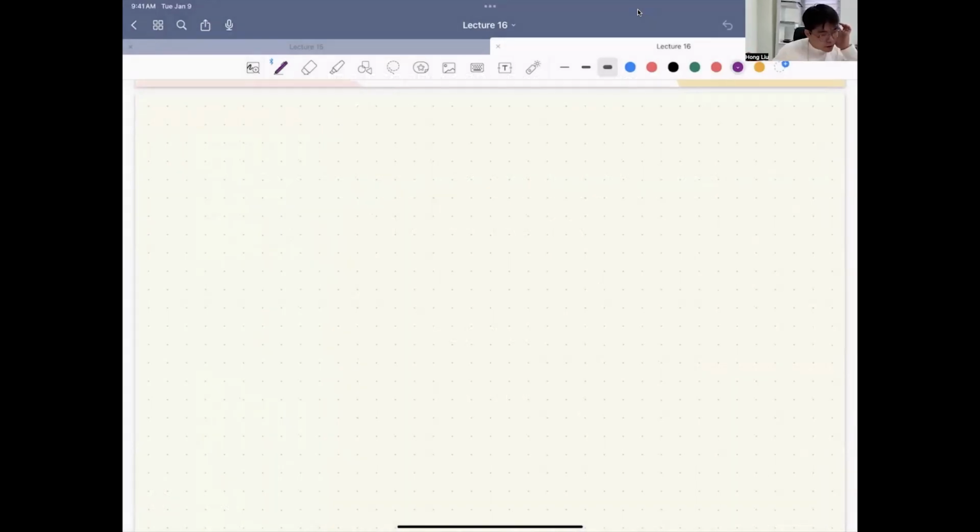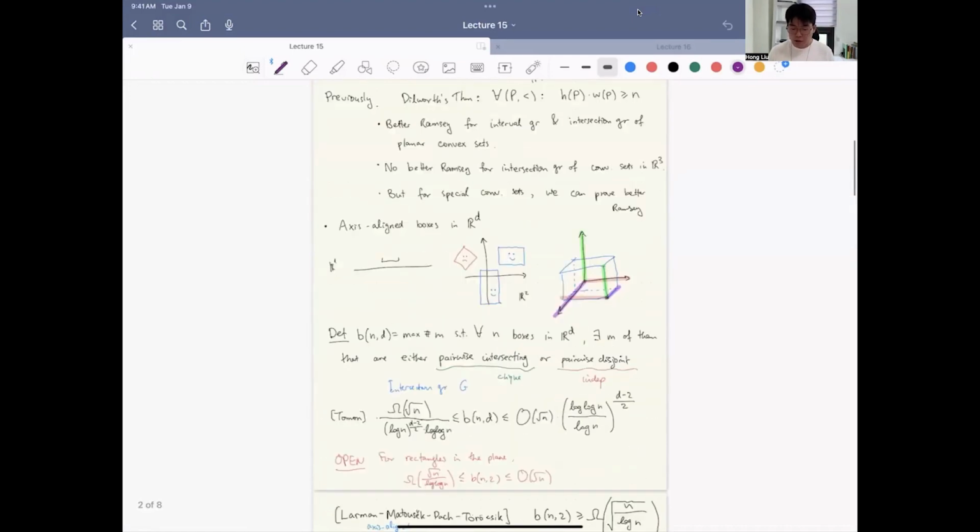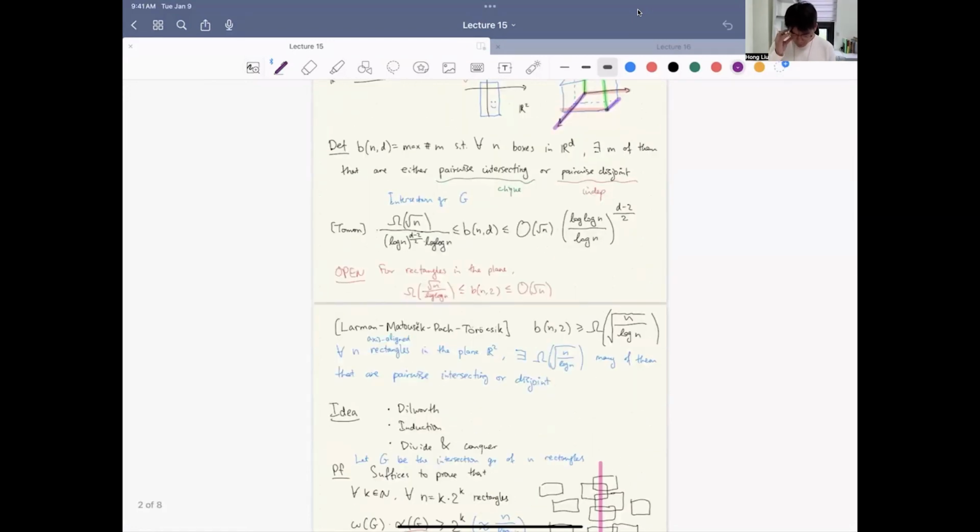Okay, so last time we saw one more application of Dilworth's theorem, on improving logarithmic Ramsey bounds for generic graphs to polynomial in N for a special family of graphs. In particular, we looked at intersection graphs of geometric objects, the axis-aligned boxes.